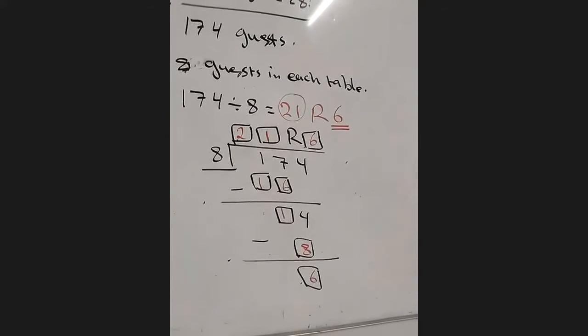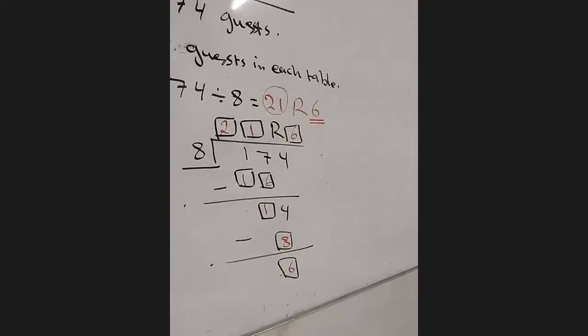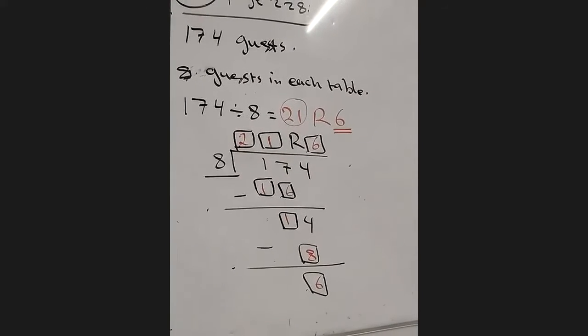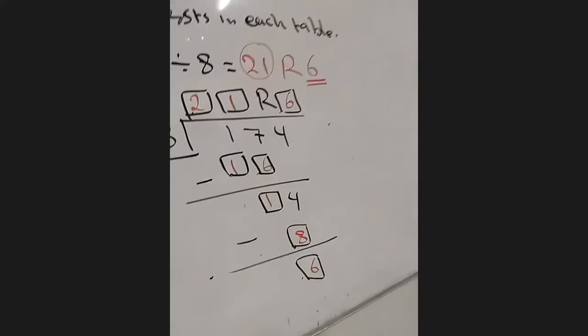Six people, or 6 guests without a table. Can we leave them standing up, or do we need to bring another table for them? Yes, we need to bring another table.